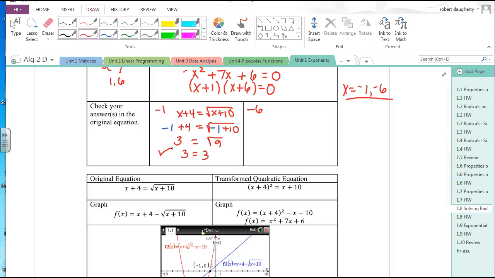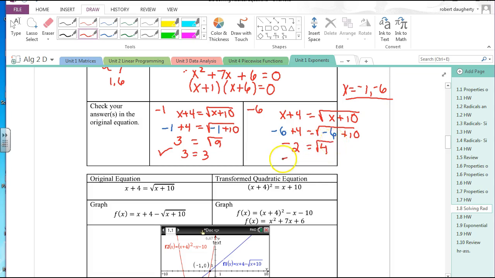Now let's check the same thing with a -6. So I've got x plus 4 equal the square root of x plus 10. Now I'm going to plug in a -6 in both places. What's -6 plus 4? That's -2. What's 10 minus 6? 4.